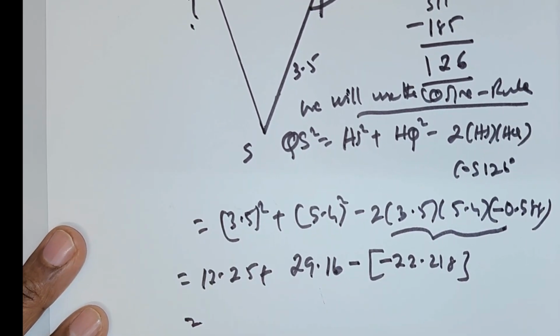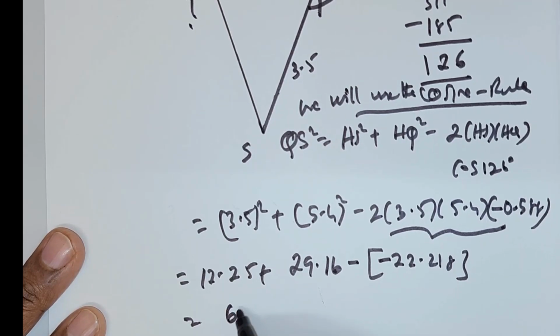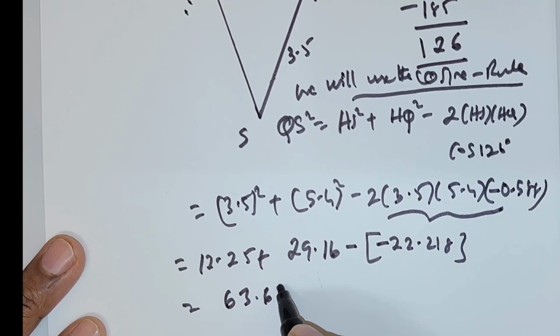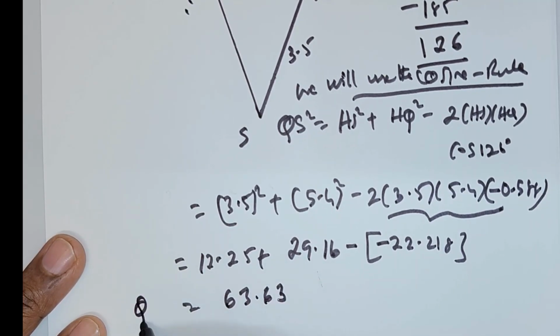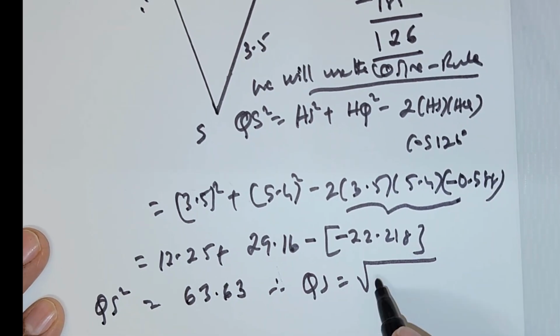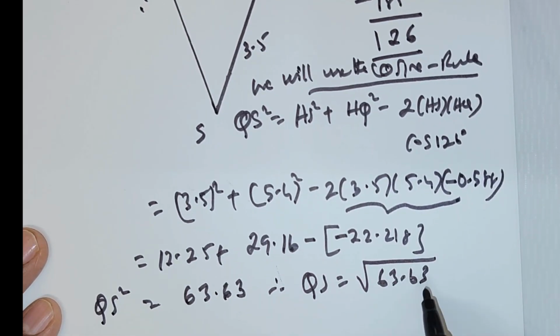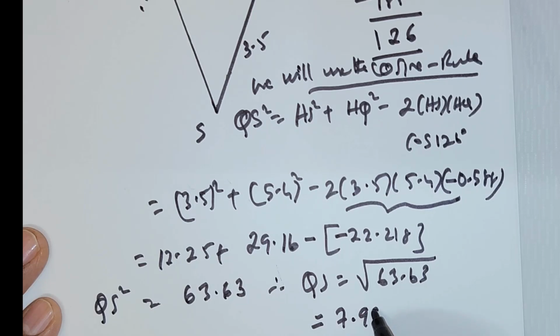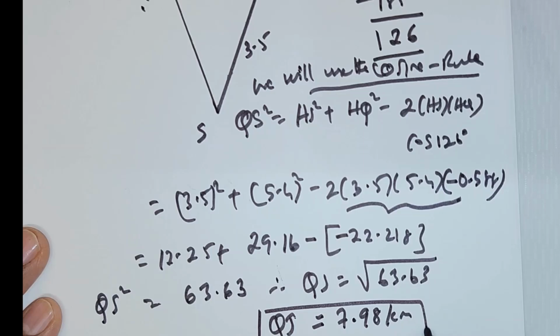Now if you add up and simplify, you get 63.63 approximately. This is QS squared. So we need QS. QS is going to be square root of 63.63, which is approximately equal to 7.98 km. This is my QS.